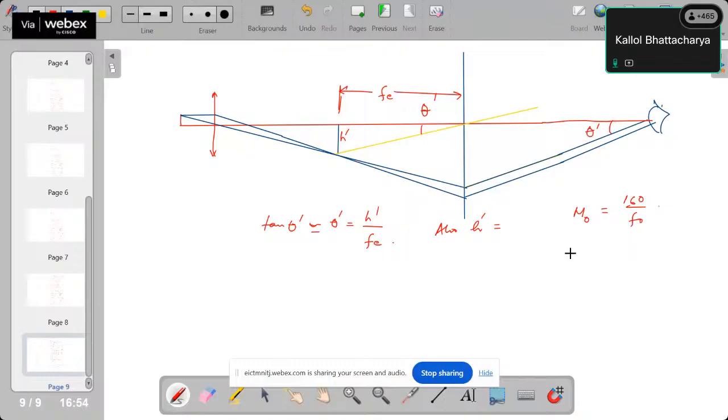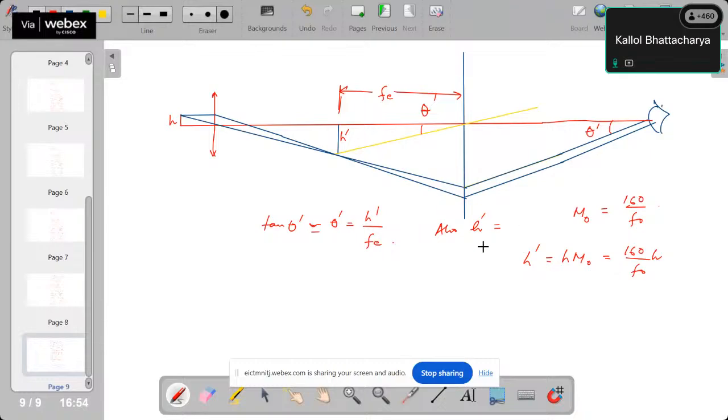And we also know that the height of the object H into MO must be equal to 160 by FO into H. So this is the magnification of the intermediate image. So H prime is simply H into MO, which is 160 by FO into H.